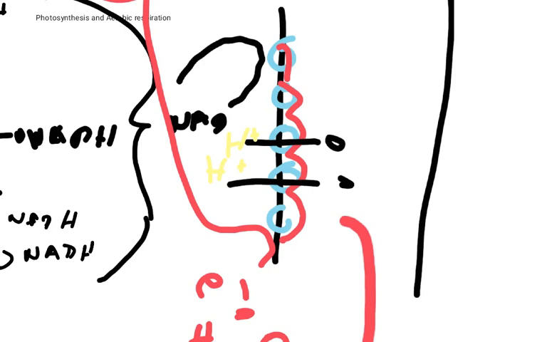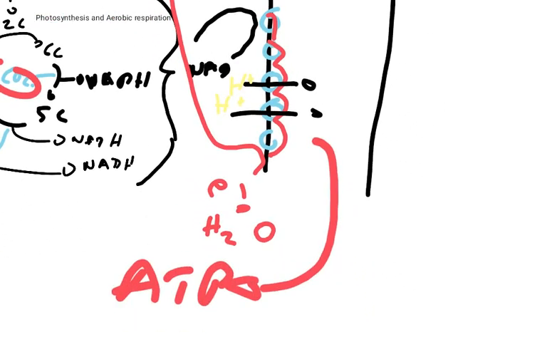just like in photophosphorylation. And at the end of it, the electron on the last carrier, that electron is removed and the carrier is oxidized by taking the electron and joining it with oxygen to produce water.